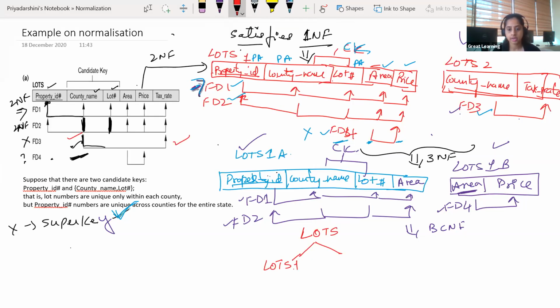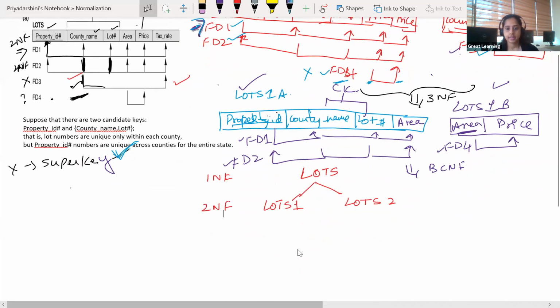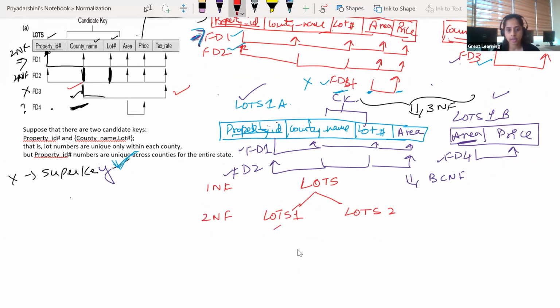Lots 1 and lots 2. So this was in my 1NF, right? While converting into 2NF, this came into the picture. Then what happened? From lots 1, it has been divided into lots 1A and lots 1B in 3NF.